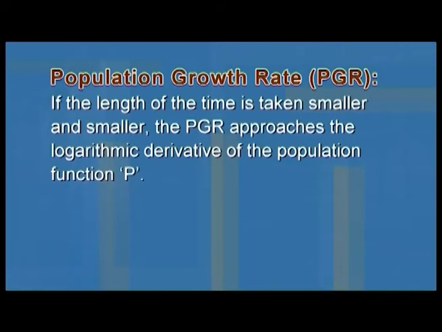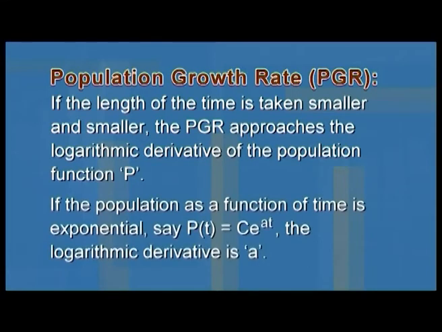If the length of the time is taken smaller and smaller, the PGR approaches the logarithmic derivative of the population function p. If the population as a function of time is exponential, say p(t) equals c times e to the power at, the logarithmic derivative is a. Thus, the PGR approximates the exponent a for populations with exponential growth.